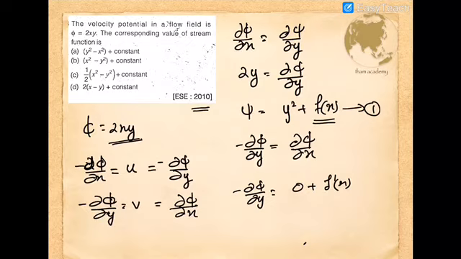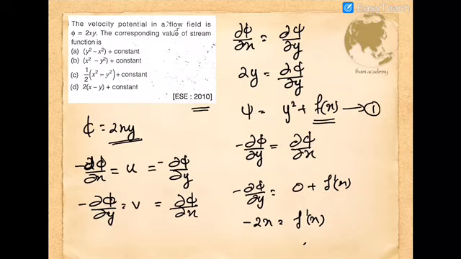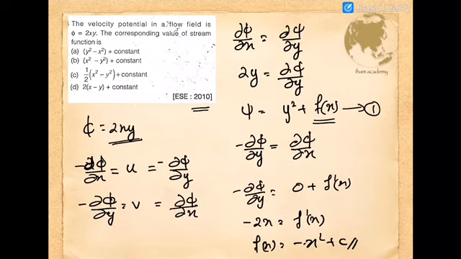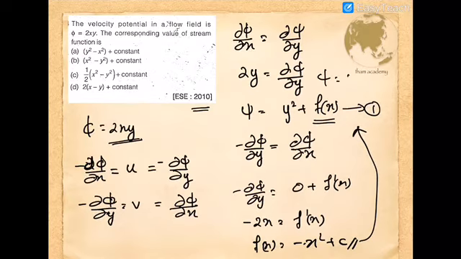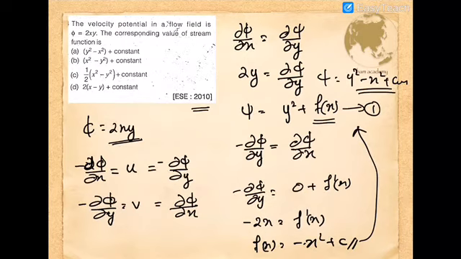What is minus ∂φ/∂y? The phi function is given by 2xy, so the derivative gives minus 2x, which is equal to f dash x. So we have to find f(x), then go for integration. We will get f(x) is equal to minus x square plus an integration constant. So we substitute this in the first equation, and we will get psi equal to y square minus x square plus a constant. That's going to be the correct answer. So option A will be correct.